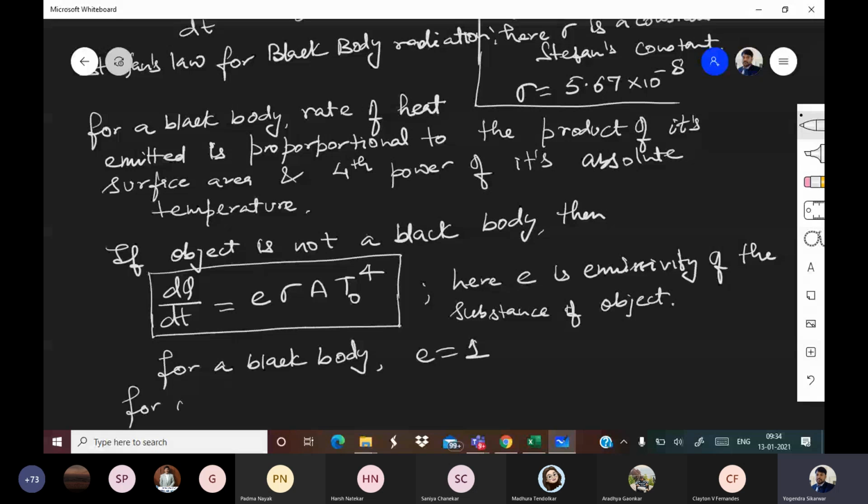For an ordinary substance, e should be greater than 0 but less than 1. The closer it gets to 1, the more perfect a black body the object becomes.